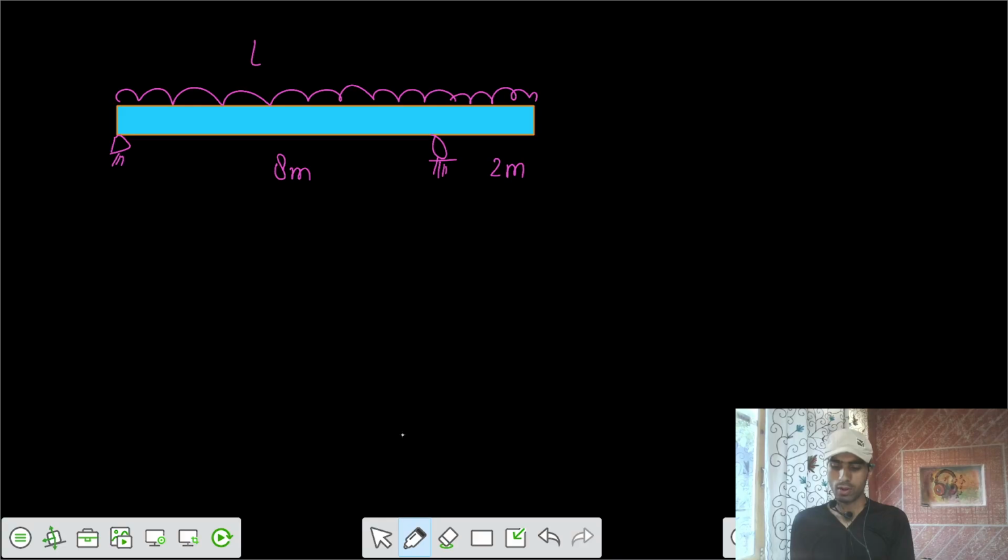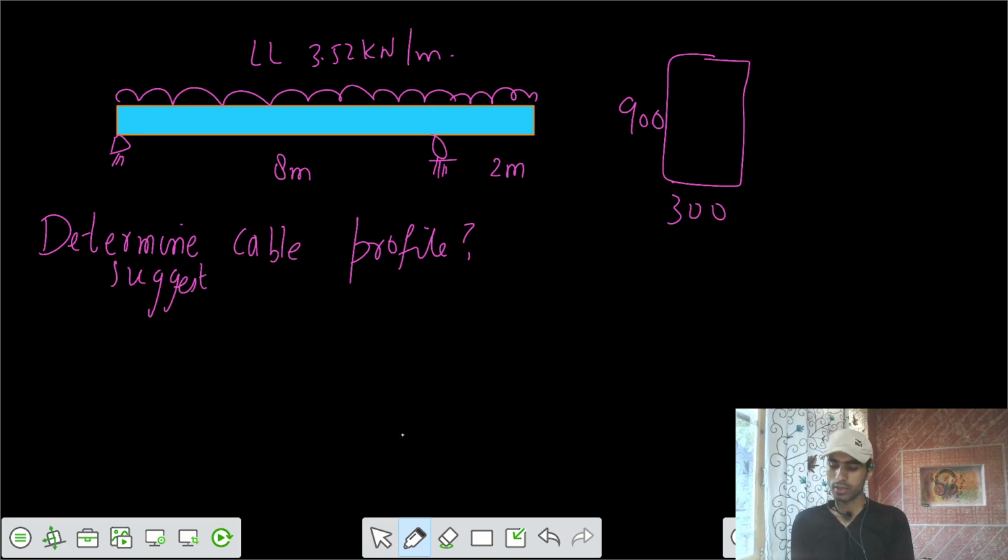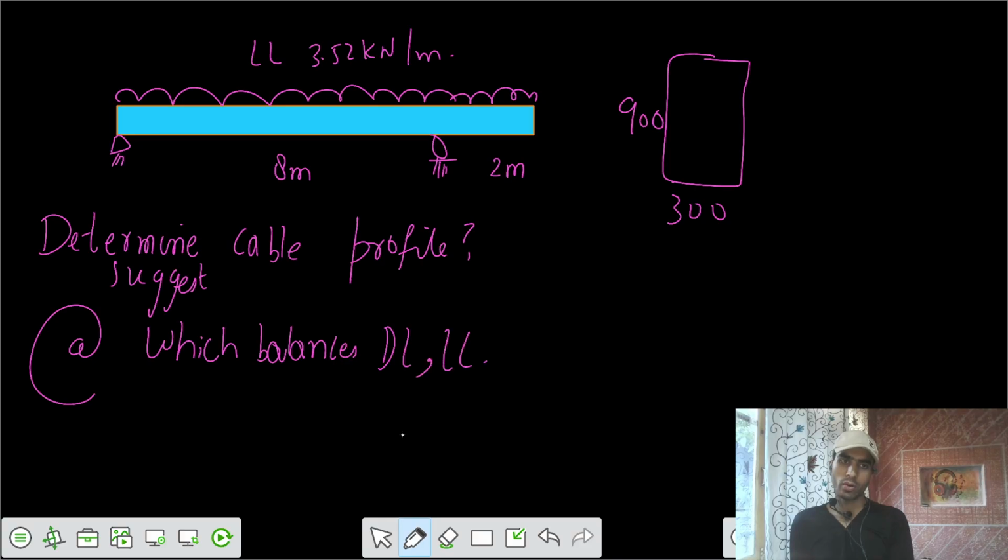Live load of 3.52 kilonewton per meter. And we have the cross section of the beam that is 300 by 900, and you need to determine the cable profile we have to take, or we can say suggest the cable profile, which balances dead load and live load.